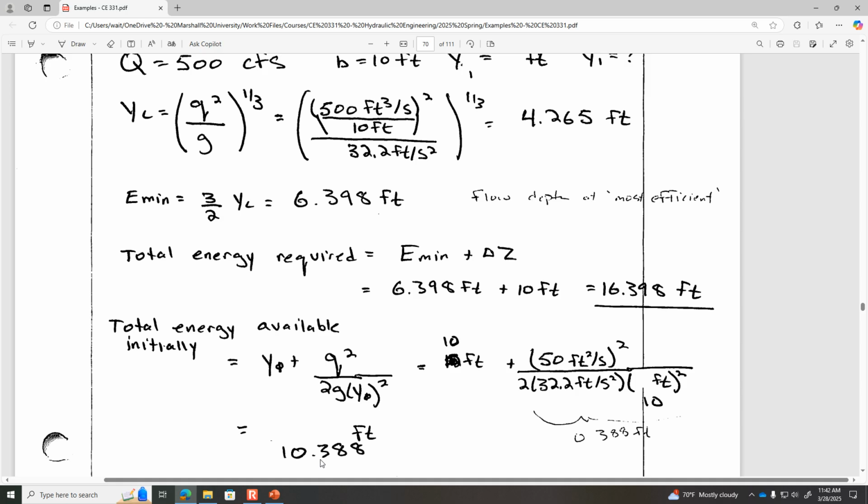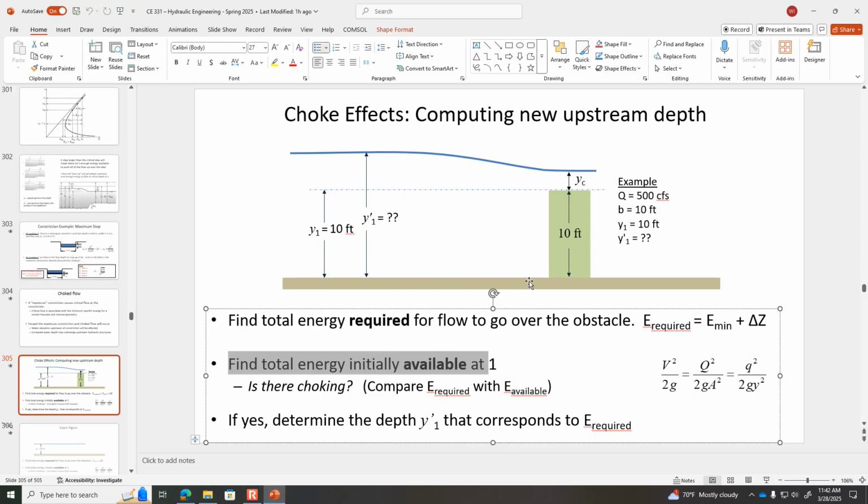And E required is 16.4 feet. So to get over this obstacle, we need 16.4 feet of energy. There's only 10.4 feet of energy before any pooling occurs. So that's not enough. So choking will occur.